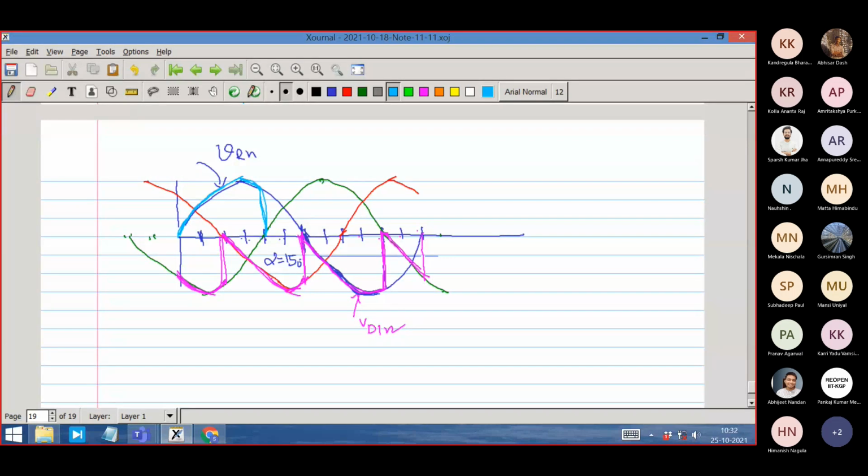Then another chunk here, right? This is what it will take.